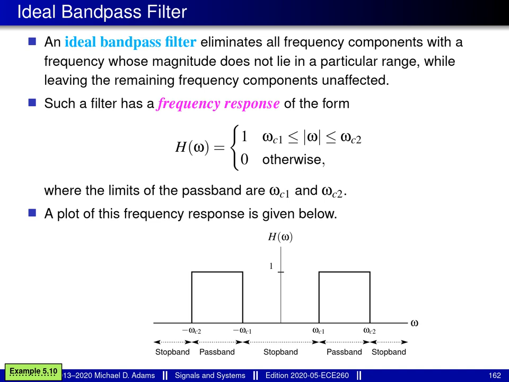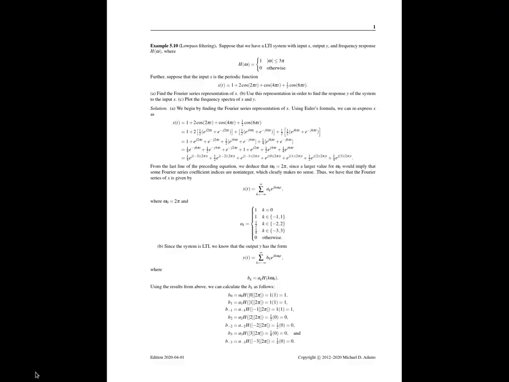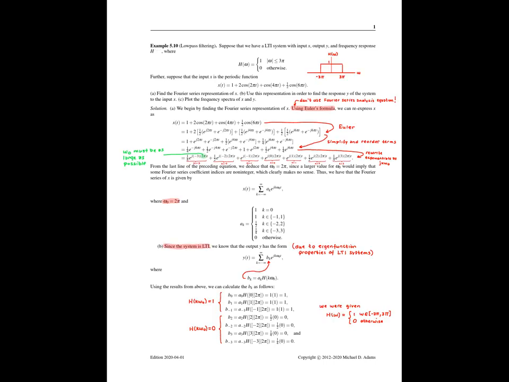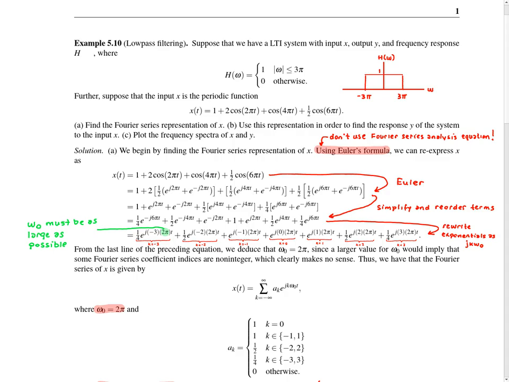At this point, I'd like to consider an example to further illustrate the concept of filtering, and in particular, I'd like to consider example 5.10. In this example, we're given an LTI system with input x, output y, and frequency response function h, where h is given by this particular formula here.